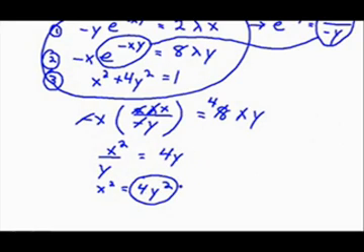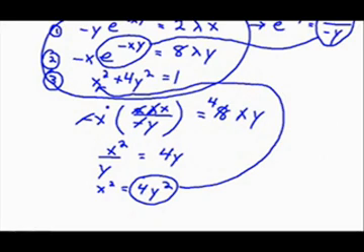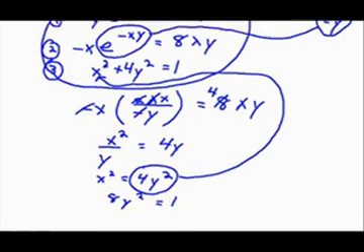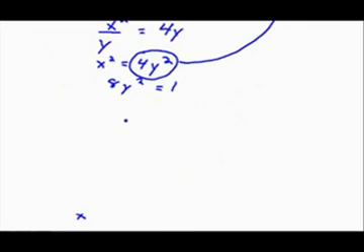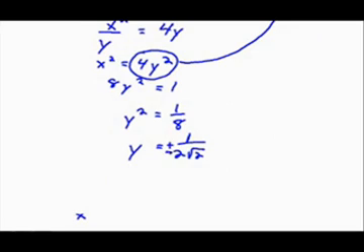So I know x squared is equal to 4y squared, so I can replace x squared with 4y squared and get 8y squared. 4y squared plus 4y squared is 8y squared equals 1. Or y squared is equal to 1/8, or y is equal to 1 over root 8 or 1 over 2 root 2, with a plus or minus in front, of course.